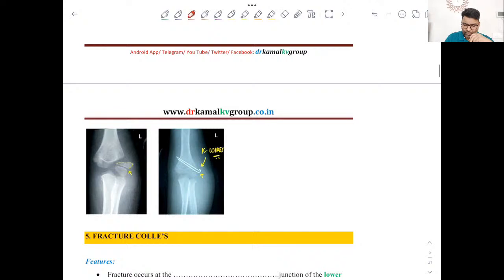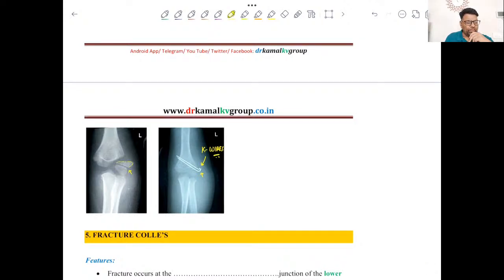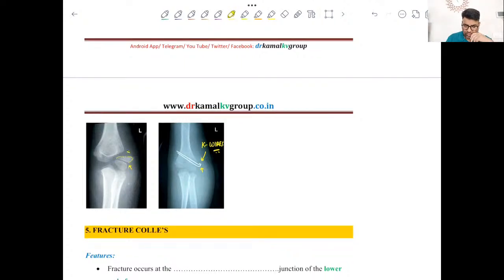Now what will happen if the child does not attend the medical facility in time? This side growth will be hampered, right? And the medial side will continue to grow normally.